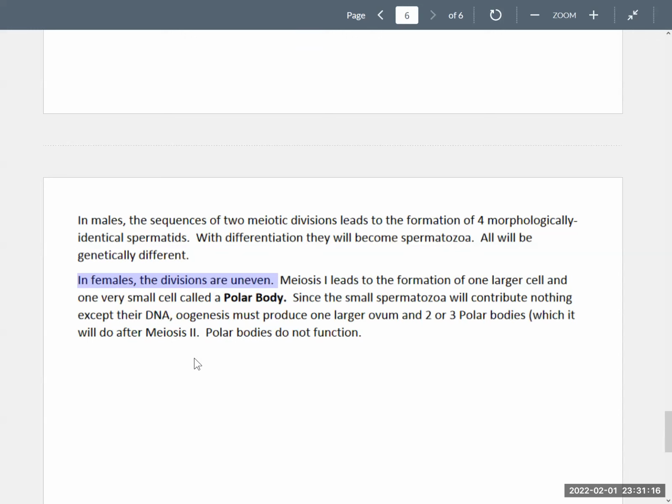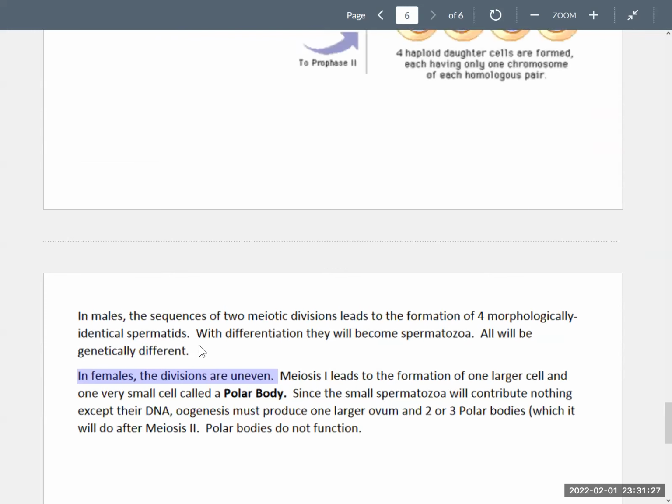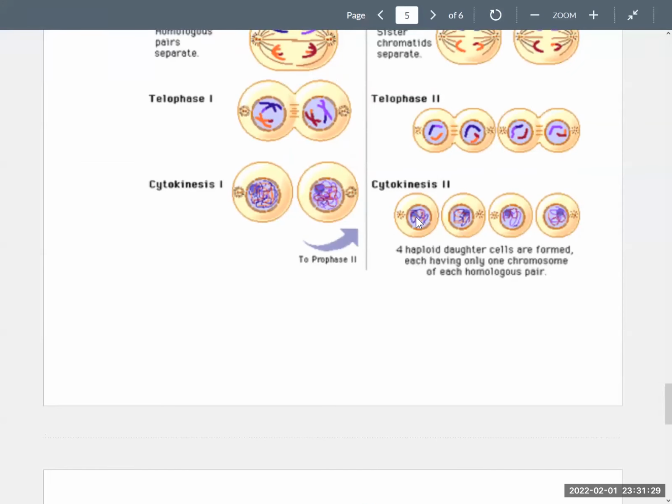You've got to remember, when an egg and a spermatozoan or sperm cell get together, that sperm cell only has genetic information in its head, and it's tiny. It's got a little tail.